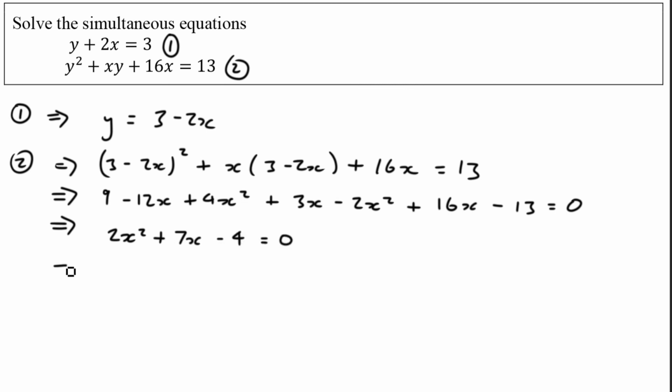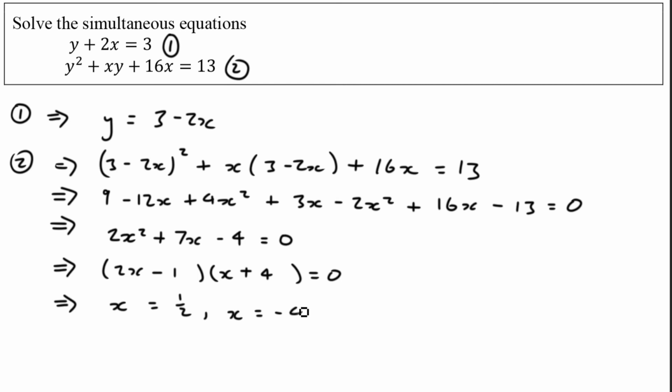Let us optimistically assume this is going to factorize, in which case it must be a 2x and a single x. We will need two numbers which multiply to negative 4. Yes, that is going to be plus 4 minus 1. So we have an x of a half or an x of negative 4.